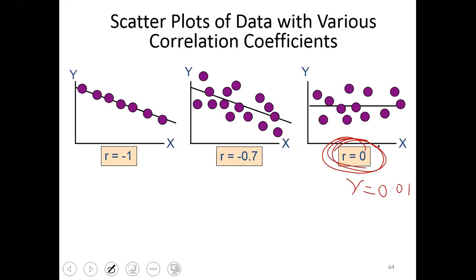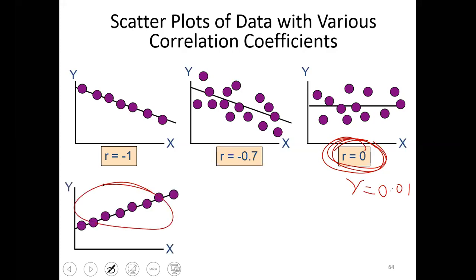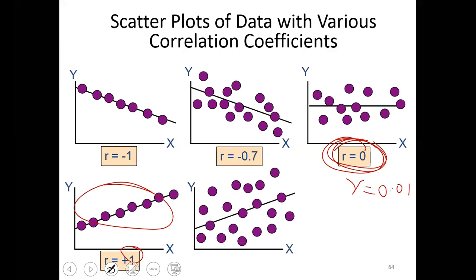You don't get exactly 0. Then this is a perfect correlation, a positive perfect correlation, so you have +1, and you see here where the strength is high. In this case or in this case, where the strength is high.